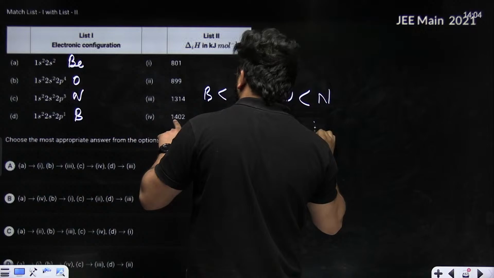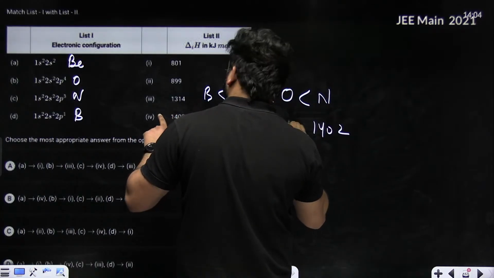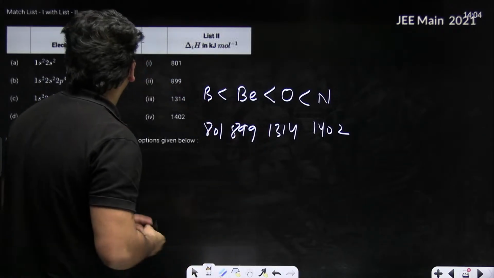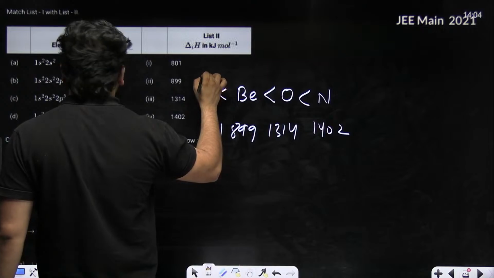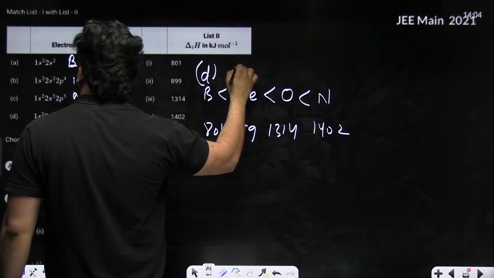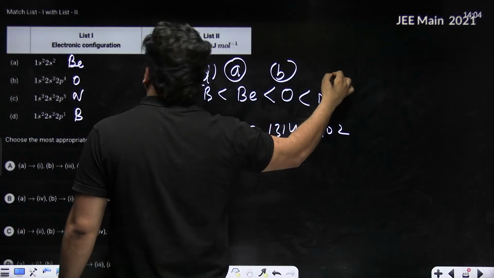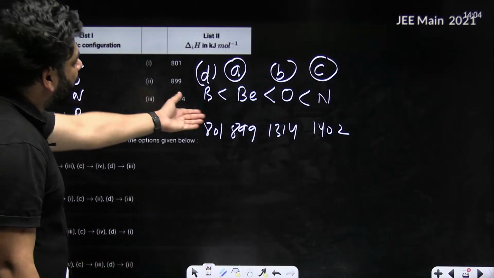Now you arrange them: 1402, 1314, 899, and 801. So how are these going to match up? Boron is actually D, beryllium is A, oxygen is B, and nitrogen is C. Now you arrange them and you will get your answer.